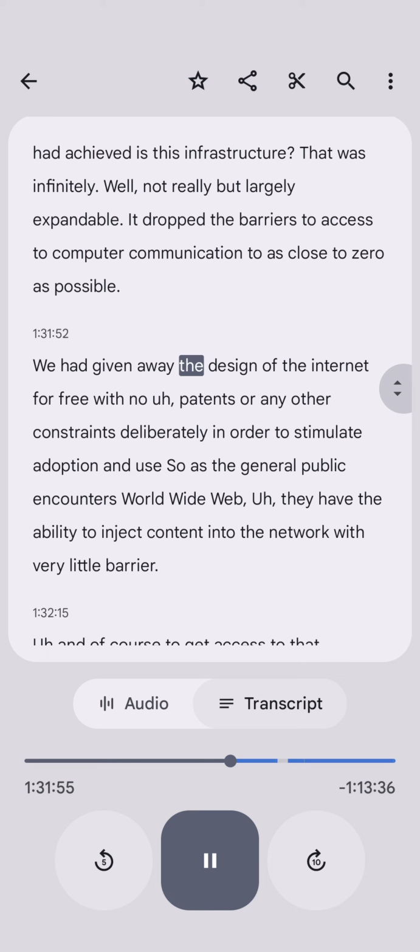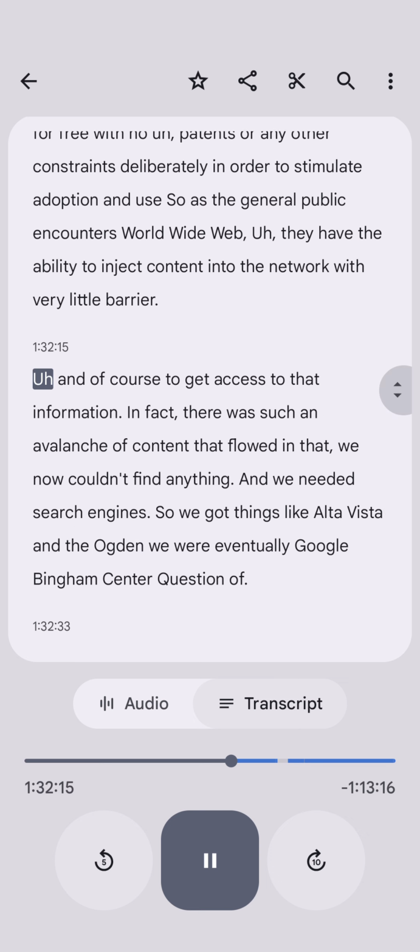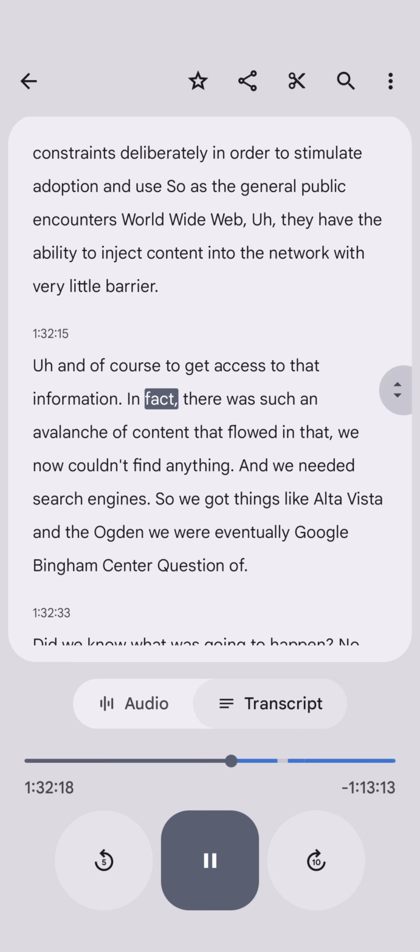We had given away the design of the internet for free with no patents or any other constraints deliberately in order to stimulate adoption and use. So as the general public encounters the World Wide Web, they have the ability to inject content into the network with very little barrier. And, of course, to get access to that information. In fact, there was such an avalanche of content that flowed in that we now couldn't find anything, and we needed search engines. So we got things like Alta Vista and Yahoo, and eventually Google, Bing, and so on.